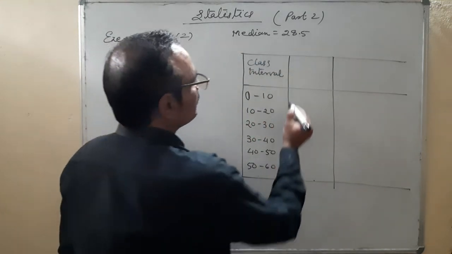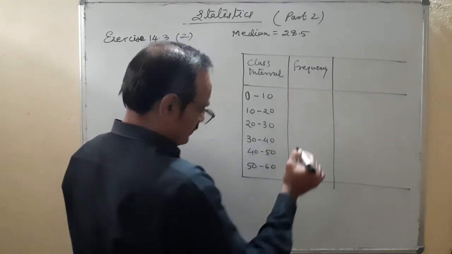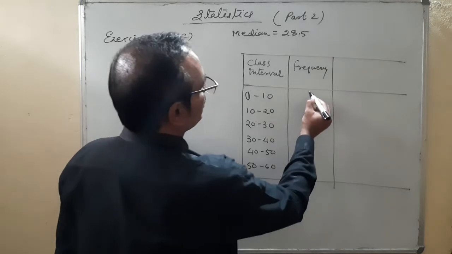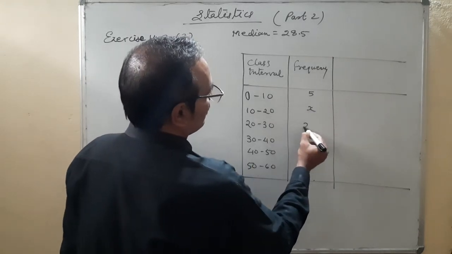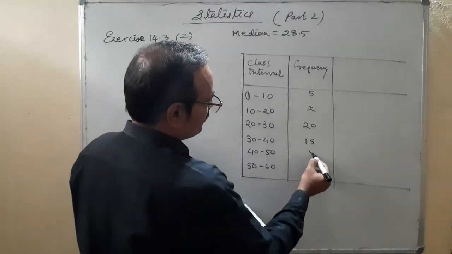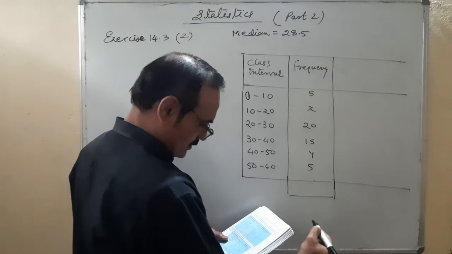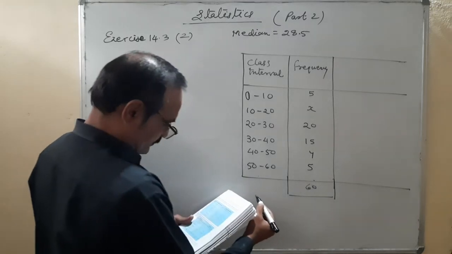And frequency is equal to 5, x, 20, 15, y, 5, and here the total is given, 60. Okay.